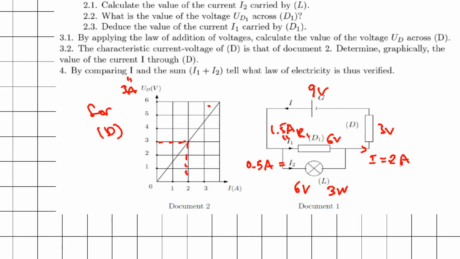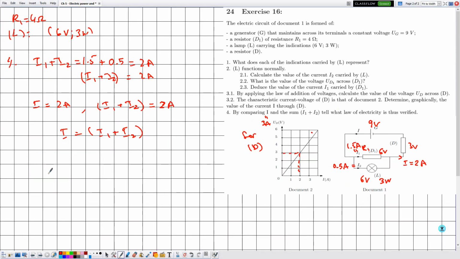Notice that I1 and I2 at this point join back to give me the current I, or we can say that I at this point splits into two currents, I1 and I2. In this case, the law of addition of currents is verified.